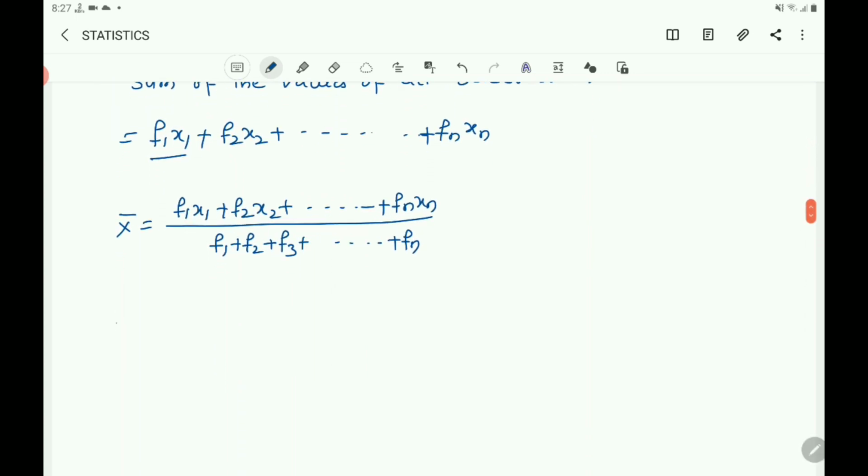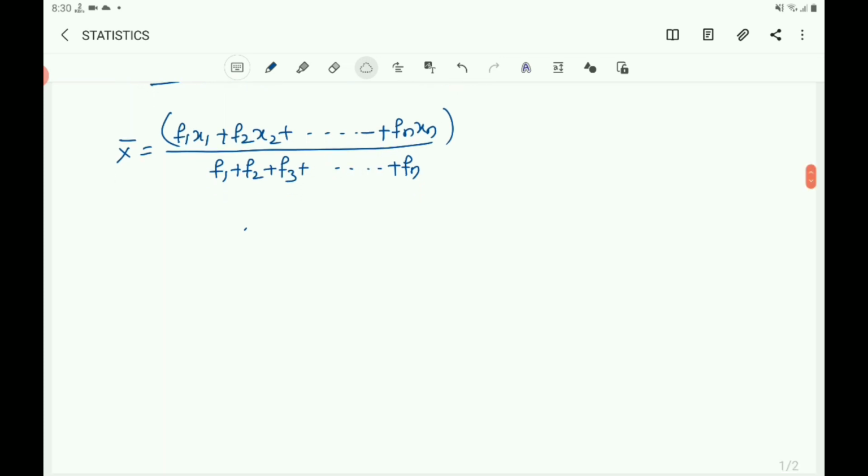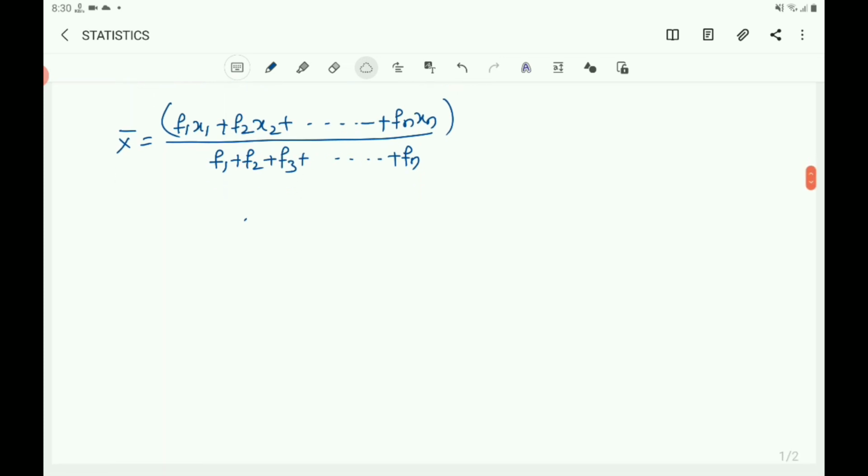We can write it in short form using the Greek letter capital sigma, which means summation.